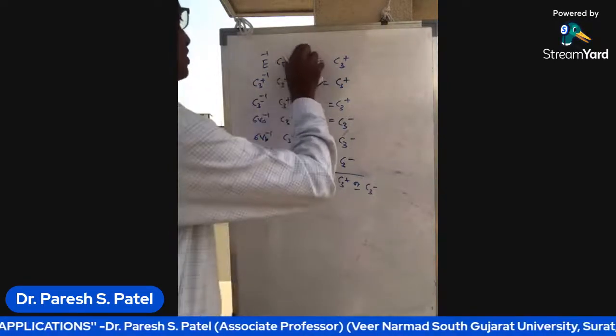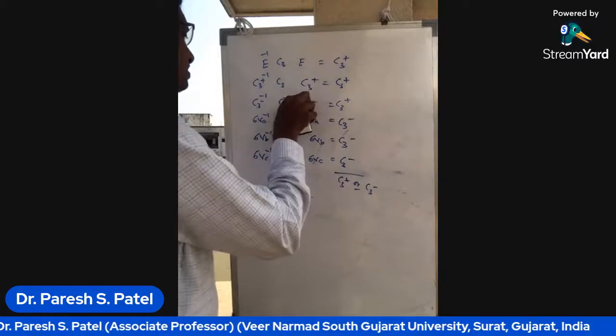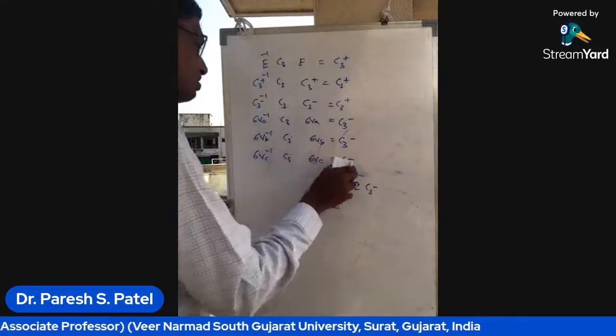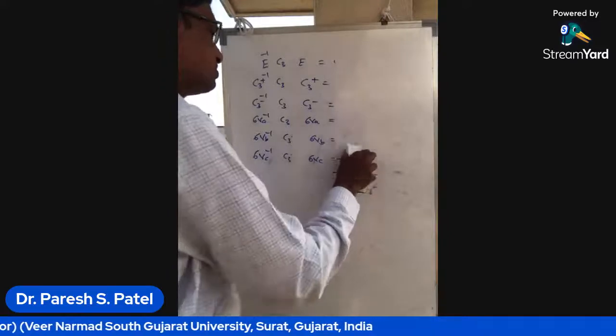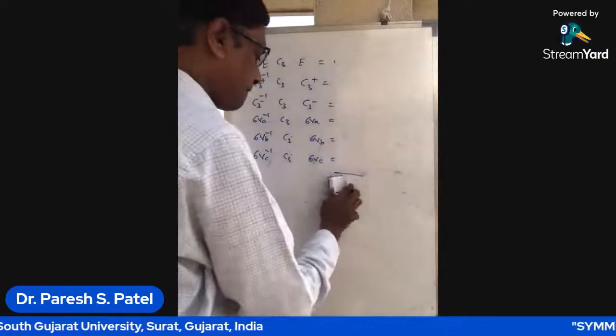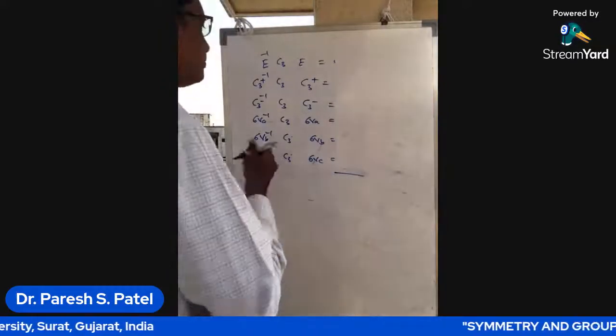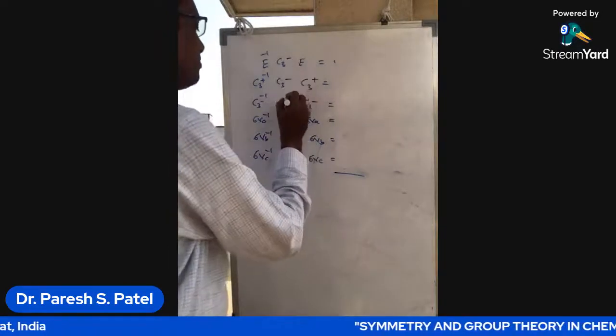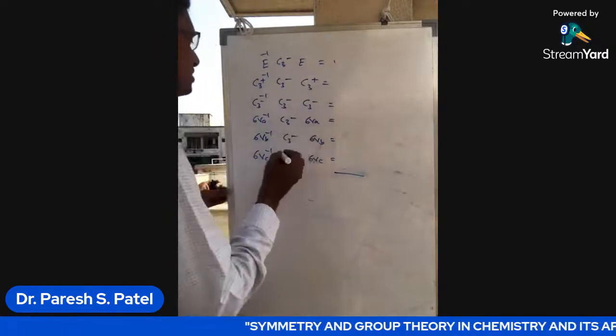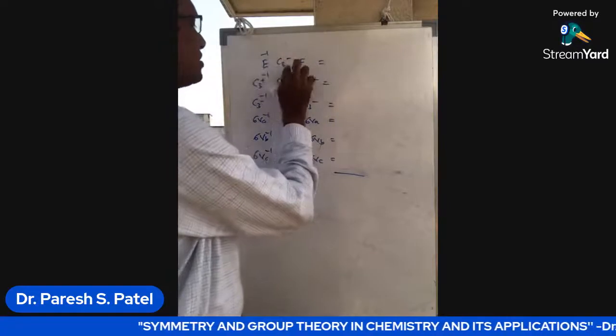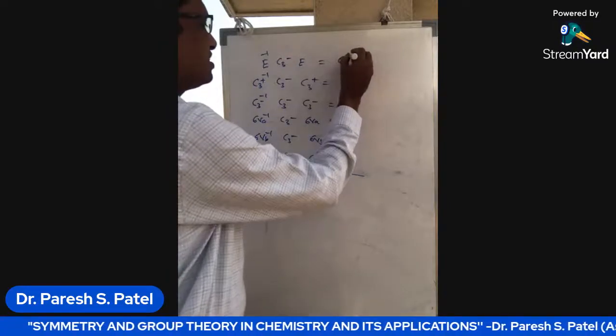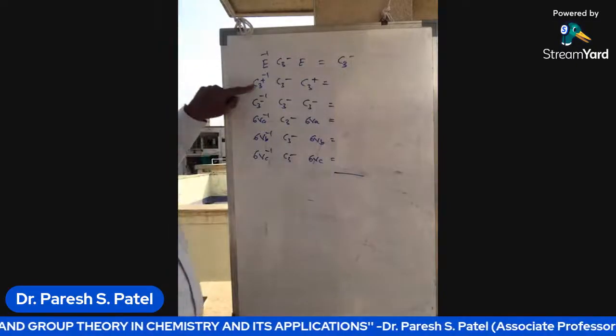Now similarly, if you go for the C3 minus, E inverse C3 minus into E, that is C3 minus. We already know.